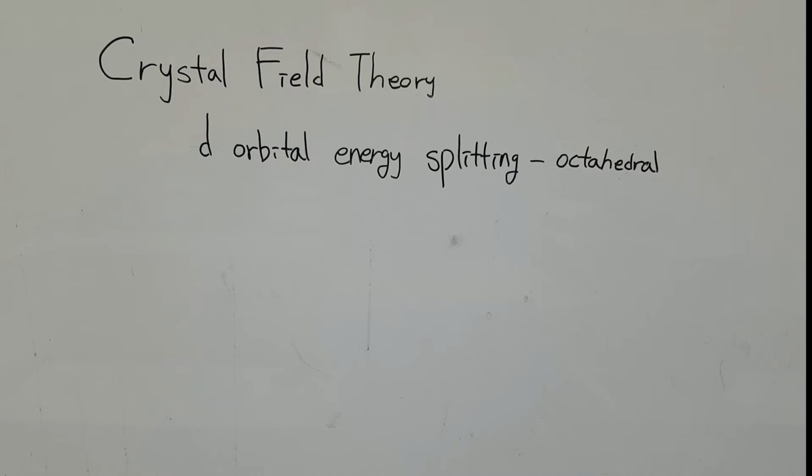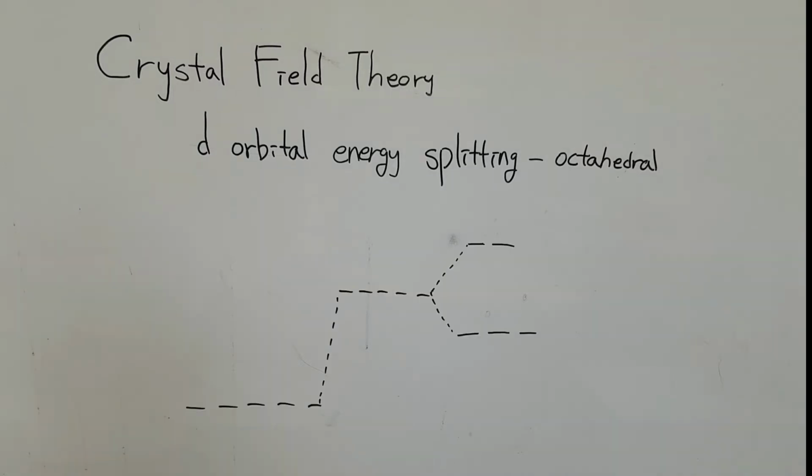Therefore, dx square minus y square and dz square orbitals have higher energies than the other 3 orbitals. The upper 2 orbitals are called Eg and the lower 3 are called T2g. The energy gap is called delta O, where O stands for octahedral. Eg orbitals are higher than the degenerate position by 3 out of 5 delta O, and T2g are lower by 2 out of 5 delta O.